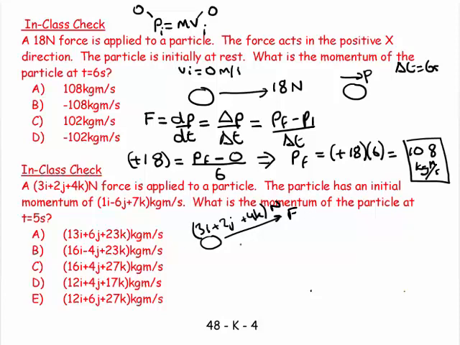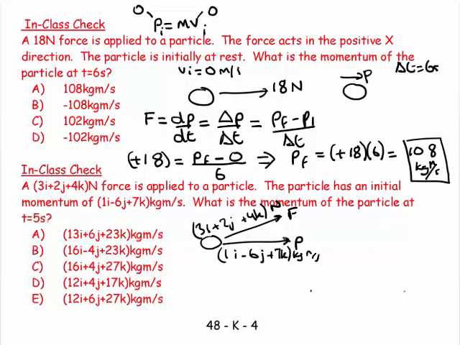And the particle has initial momentum, so here's the initial momentum, p. And this would be 1i minus 6j plus 7k kilogram meters per second. They're not in line with each other. They don't have to be. They could be, but the momentum always lines up with your velocity, but it doesn't line up necessarily with your force. This thing is a particle.